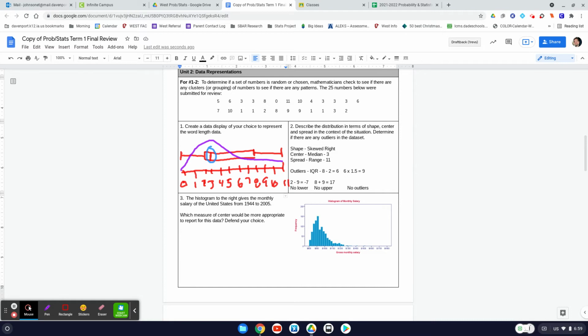Well, looking at this problem, I noticed that the majority of the data is on the left, and it slides down to the right, meaning it has to be median.